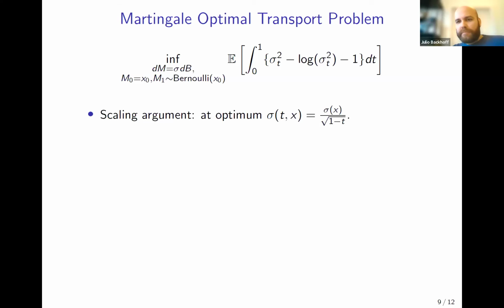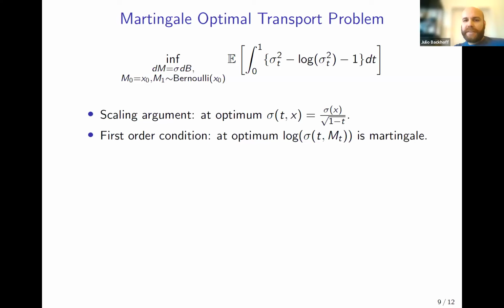So yeah, if you don't believe this, then the next thing you can do is consider separation of variables, and then you show that the time-dependent factor is of this form. So we start with that guess. The other key aspect of the argument is that this problem has a very neat first-order condition because, if sigma is optimal, then you can do a very slight time change of sigma that maps the interval 0,1 to 0,1.